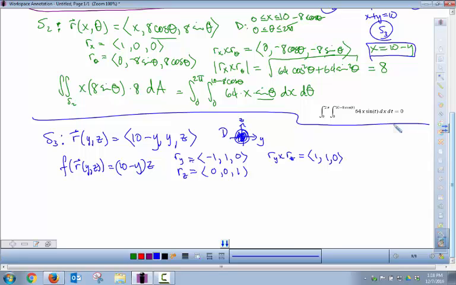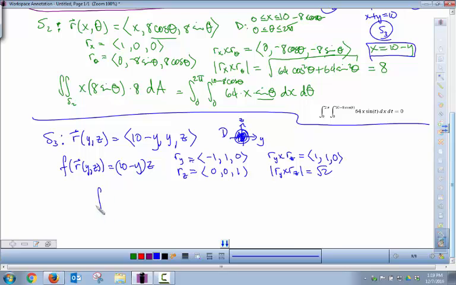Did I do that correctly? Cross product. So the magnitude is the square root of 1 squared plus 1 squared, so that's just square root of 2. So this is going to be dS.